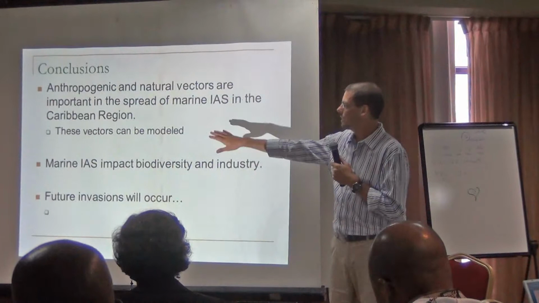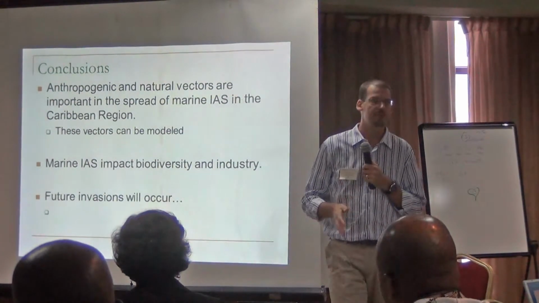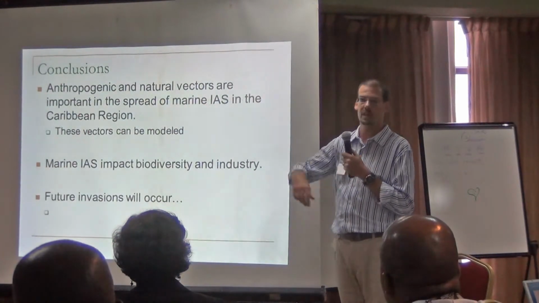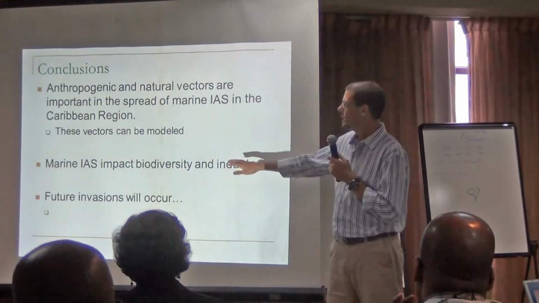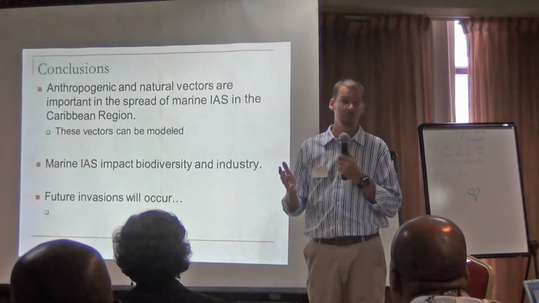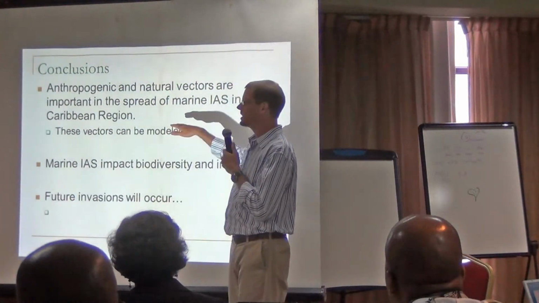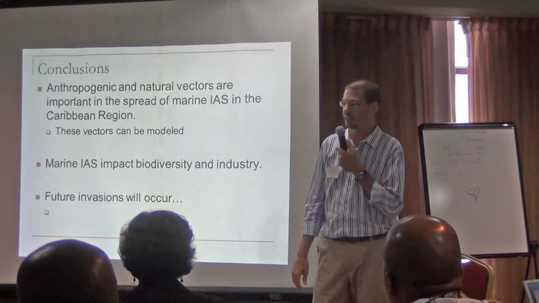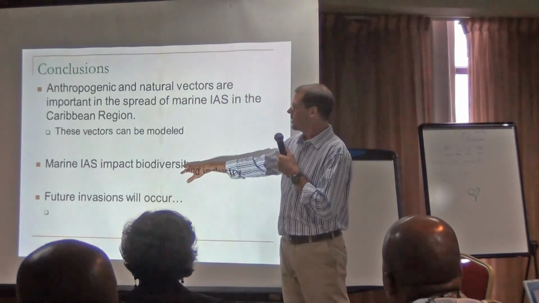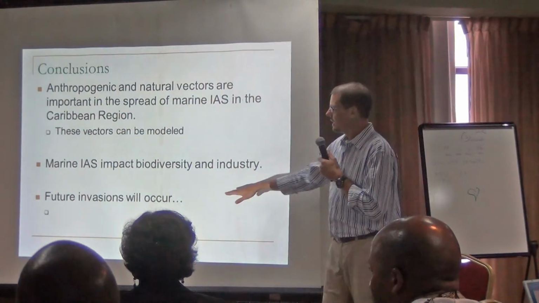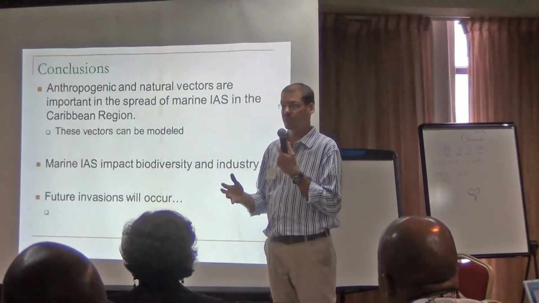So in conclusion, we have both anthropogenic and natural vectors of spread. They both seem to be important for the spread of AIS in the Caribbean. These vectors can be modeled. The models are wrong. I'm the first one to admit that, but they can give us some idea of where to think and look. We have lots of impacts, both into biodiversity and industry, and more future invasions will occur.